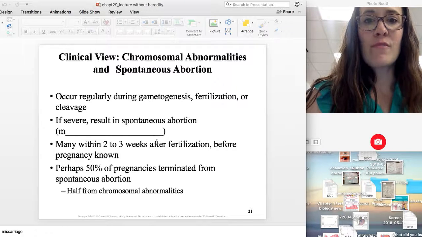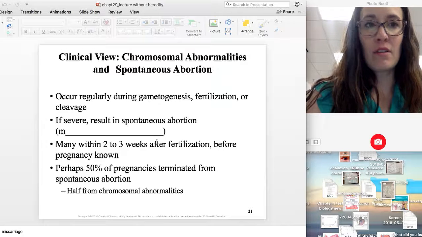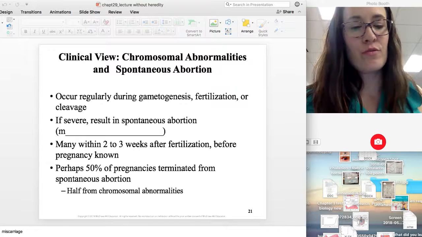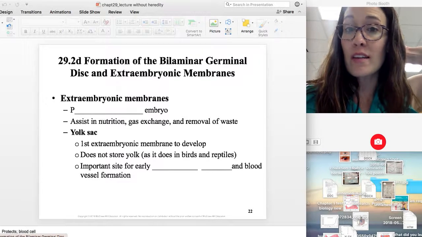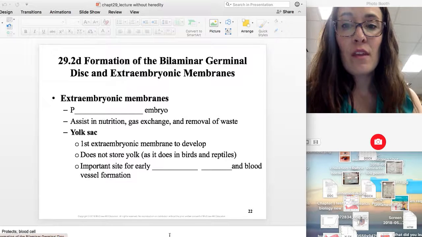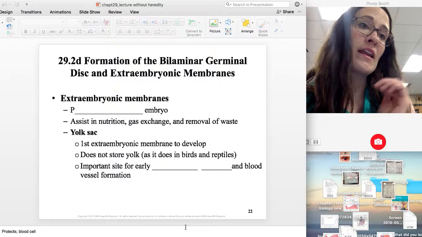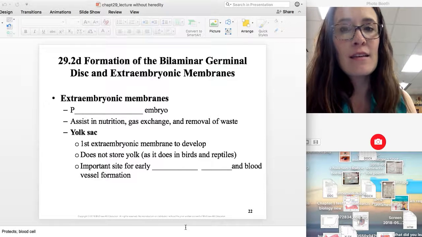That's kind of a high number, I think, but it is true that a lot of women experience miscarriage. And it's thought that half of those are due to chromosomal problems, where there's not the correct number of chromosomes in the nucleus. So we have the blastocyst inside the uterine lining now. It's implanted, and the woman's body is telling her that she's pregnant.